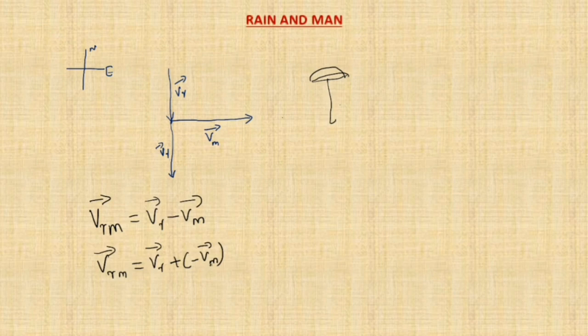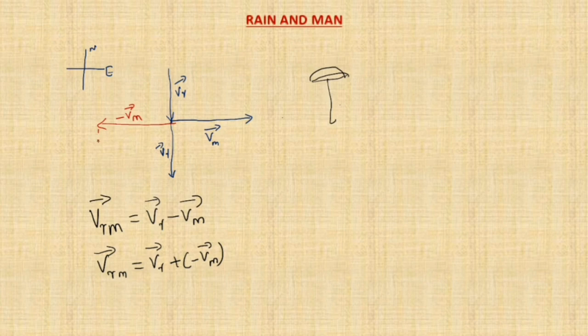That means we have to take the negative of Vm. If I take the negative of Vm in the same diagram, without changing the magnitude, only changing the direction, this is now minus of Vm.